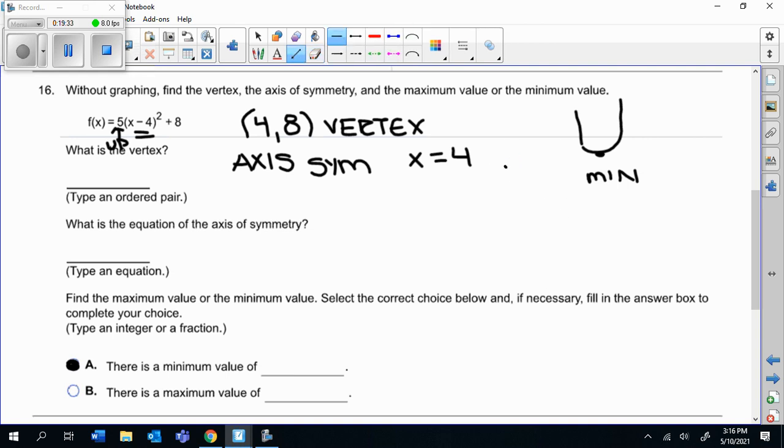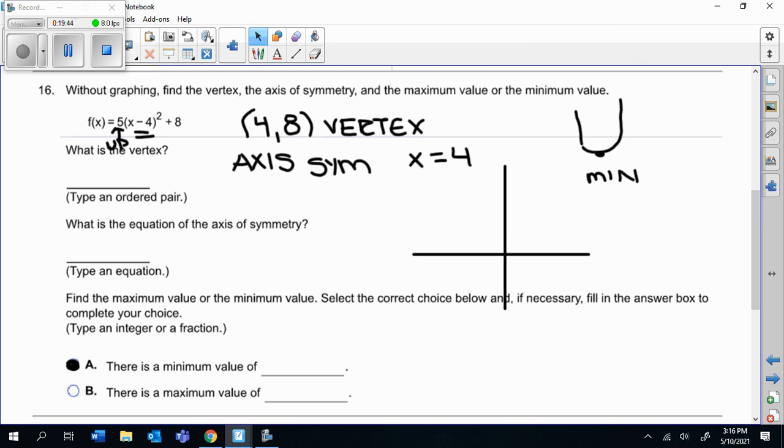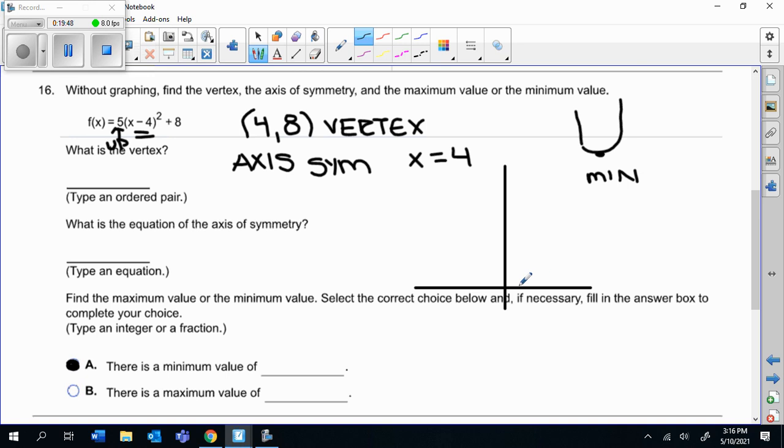Let me draw it for you so I can explain. It's going to be right here. 1, 2, 3, 4. 1, 2, 3, 4, 5, 6, 7, 8.